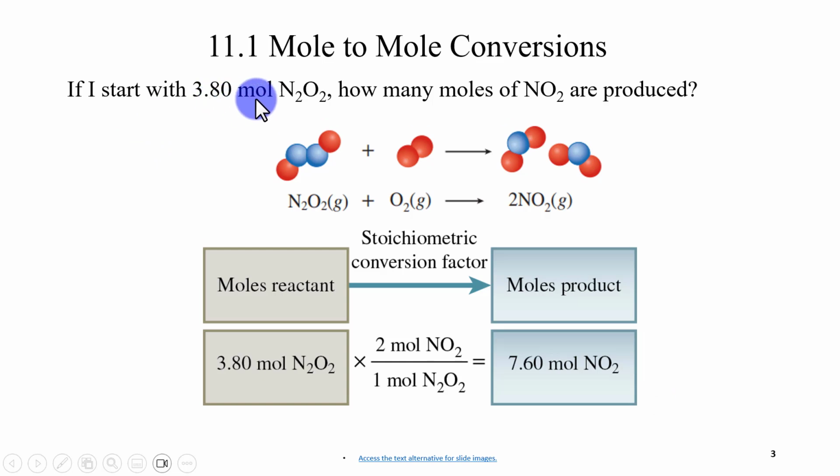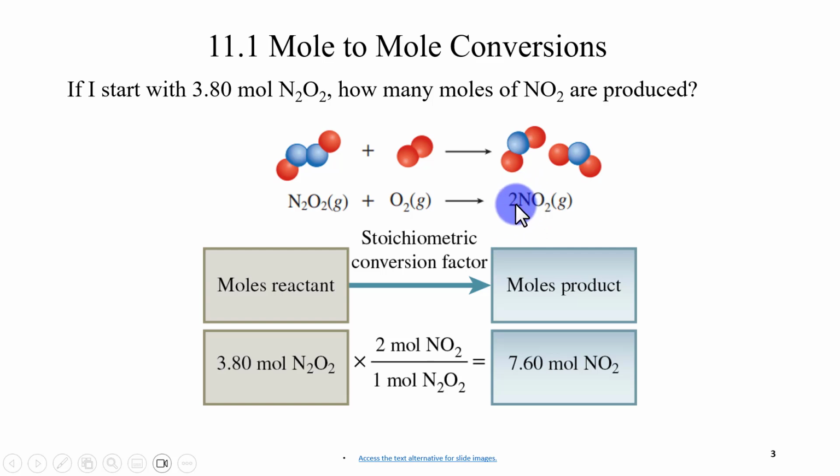If I start with 3.8 moles of N2O2 in this reaction here, how many moles of NO2 are produced? Okay, so I have N2O2 combining with oxygen to give me NO2. First thing you need to do is double check whether this reaction is balanced. I have 2 nitrogens here. 2 times 1 gives me 2 nitrogens here.